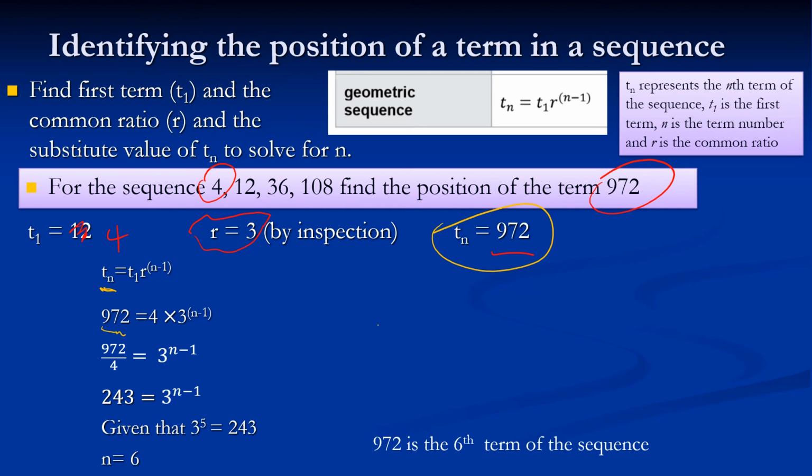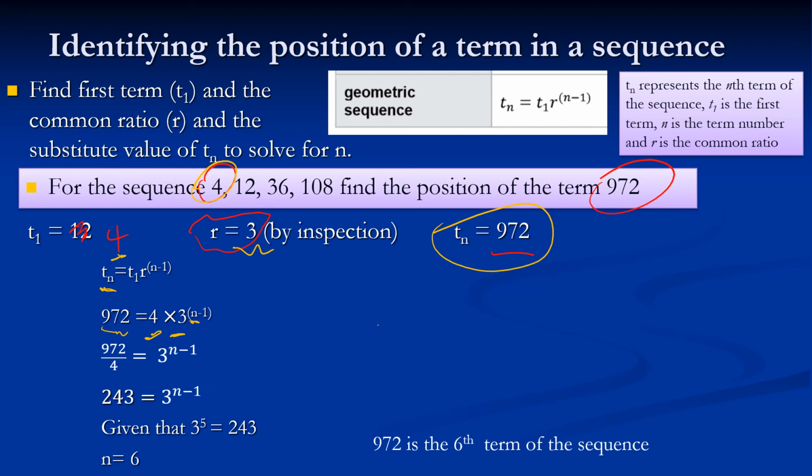So we'll sub that straight in for that one, and then it's going to be equal to the first term, which is 4, multiplied by the common ratio, which is 3, to the power of that term number minus 1. So what we're really saying is 972 equals 4 times 3 to the power of n minus 1.